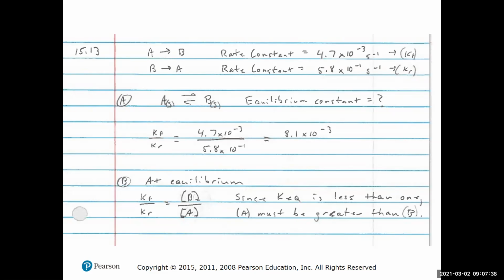But still, what we're looking at is products over reactants, and based on what that ratio is, that really tells us where the equilibrium is. Is it more favored towards the reactants or more favored to the products? Because it's a simple relationship there. So if you can remember that, I think you'll be in pretty good shape.